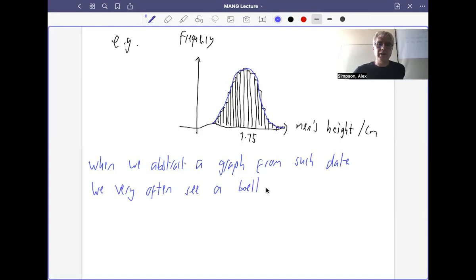It's called a bell-shaped curve because it looks like a bell, you know, a bell that you would ring, like a church bell or something.